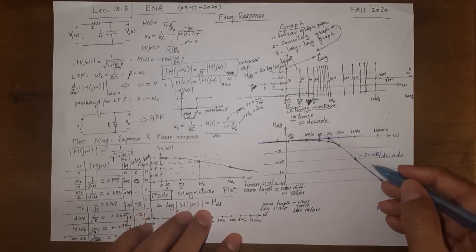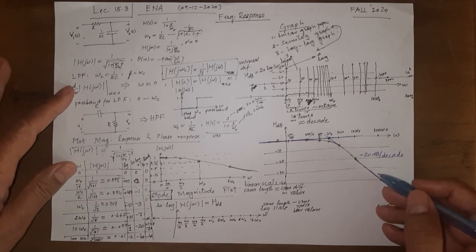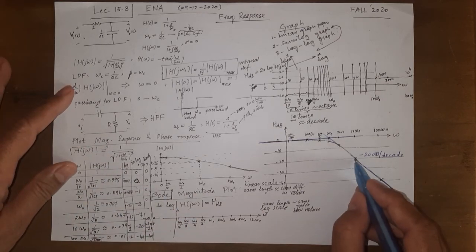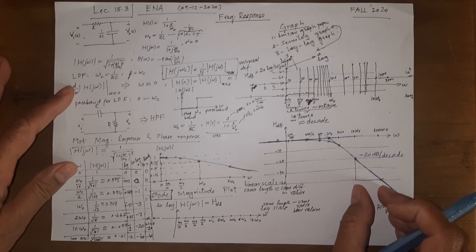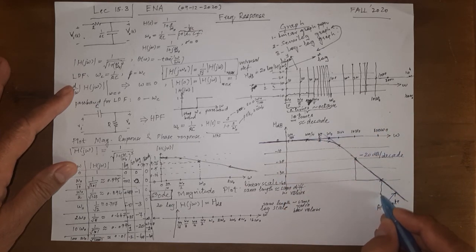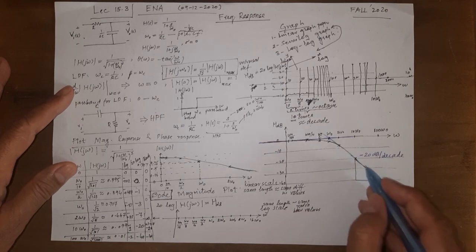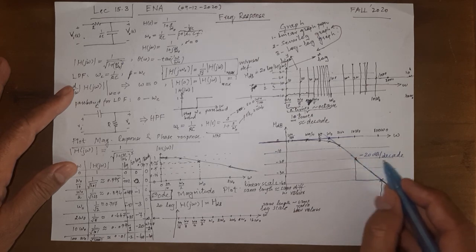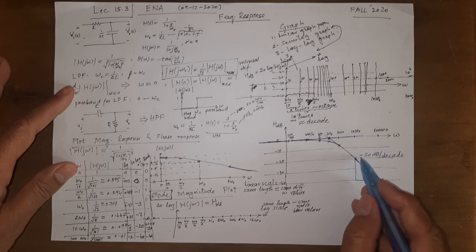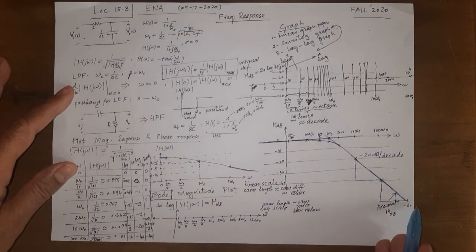So in one decade, the value decreases by 20. In the next decade, the same thing is going to happen, and we would be at minus 60, and so on. This is a straight line with a slope of minus 20 dB per decade, and this minus is because this term is in the denominator, is a pole, so it is coming down.